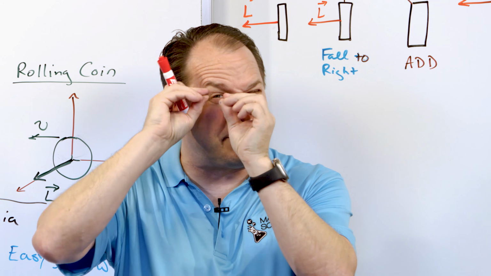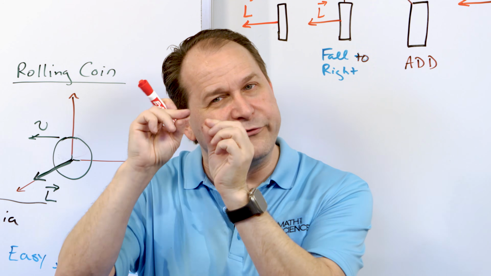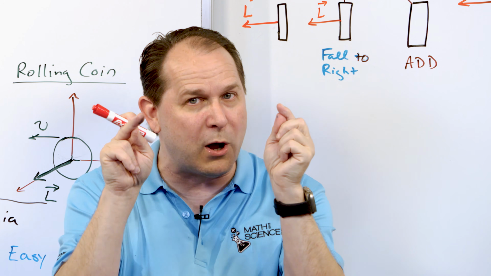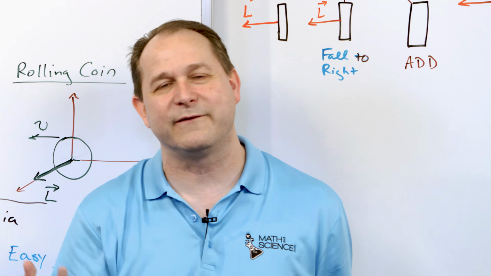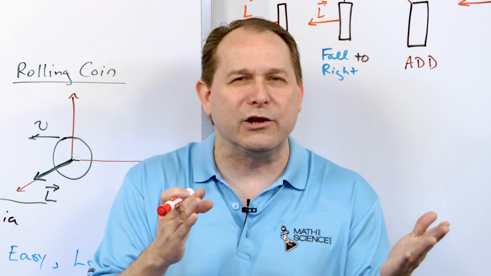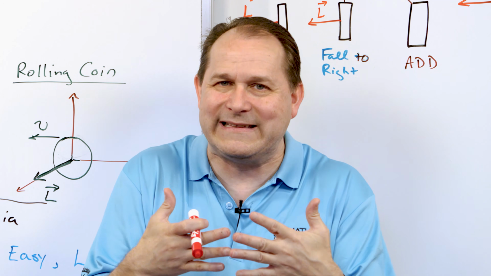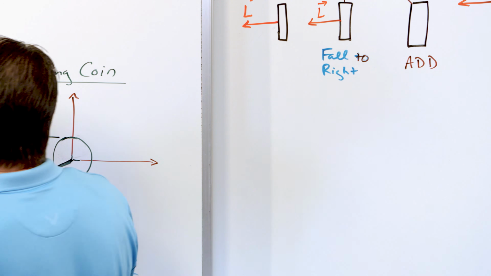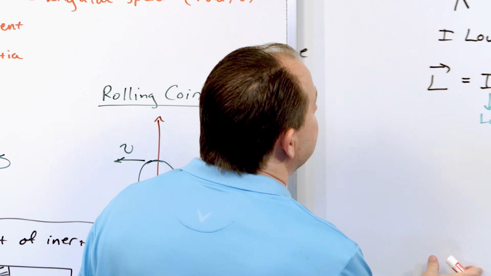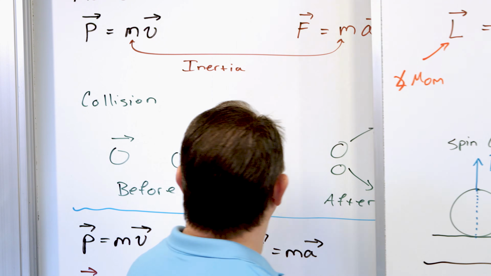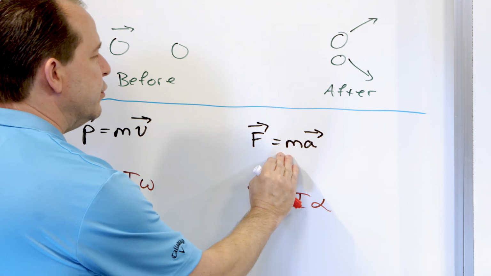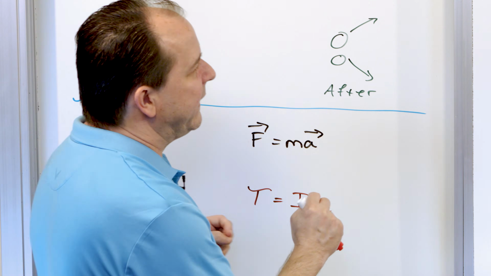When you zoom microscopically in, even though it's rotating, if you go small enough, every little atom is moving tiny, tiny in a straight line for a small fraction of time until it begins to rotate around. So linear momentum and angular momentum are kind of connected at the microscopic level when you zoom in tight enough, right? And that is why these equations are so similar, right? Momentum, angular momentum. It's Newton's second law for rotating objects.